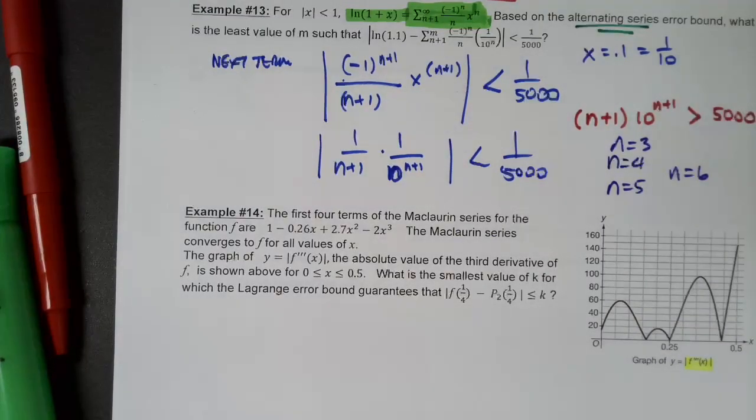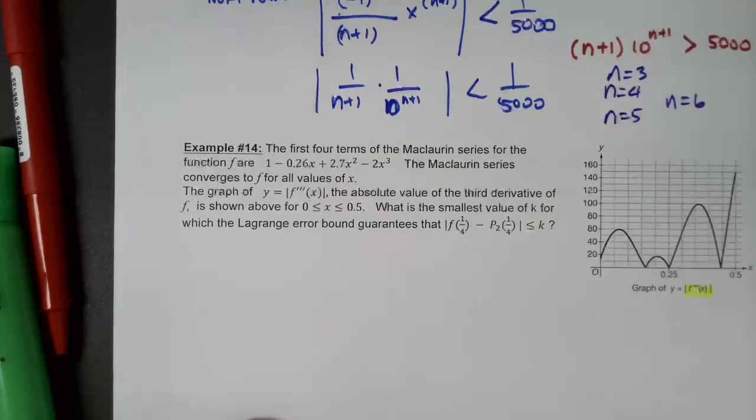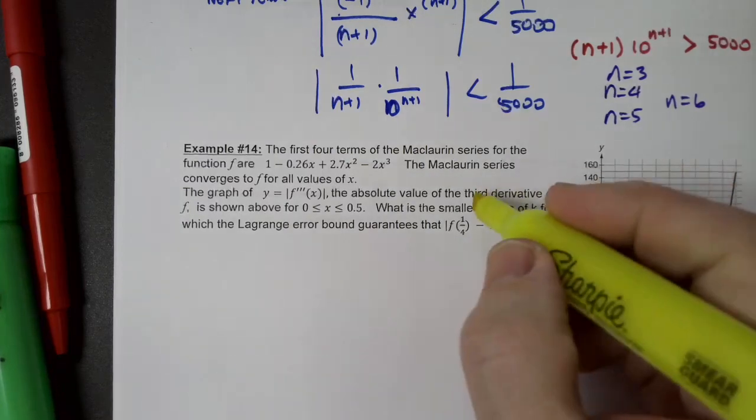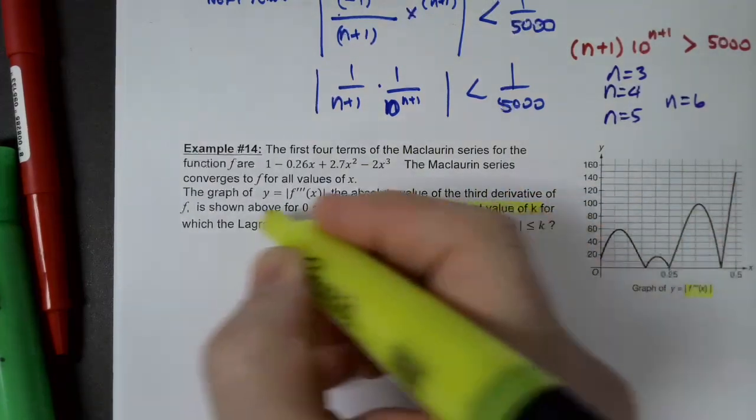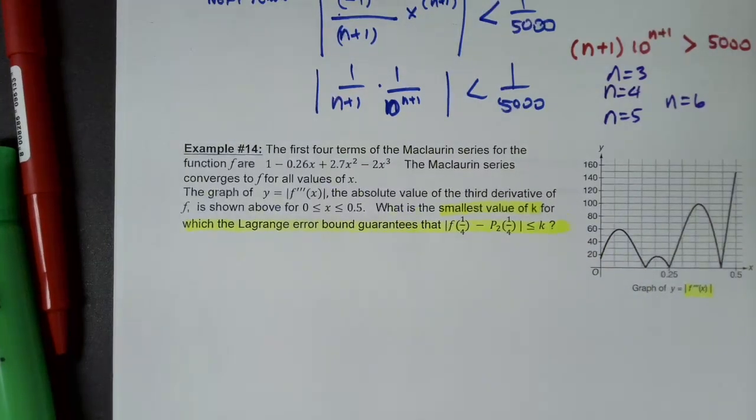And they've also done the absolute value, so whether these humps went down or which ones went above or below, we don't care, but this is the absolute value of that. It shows this for all of our x's from 0 to 0.5, and now it says, what is the smallest value of k for which the Lagrange error guarantees this?